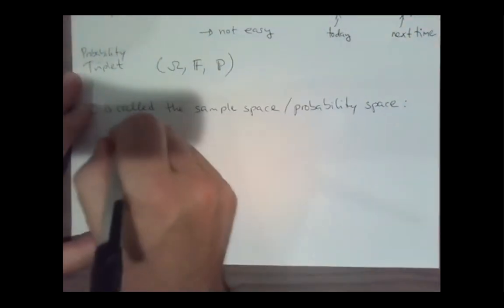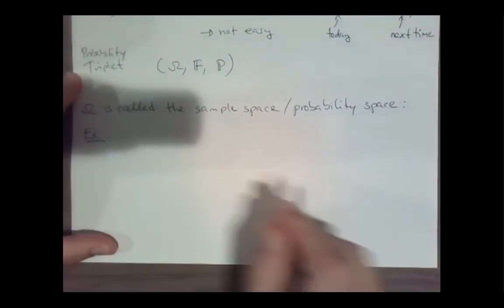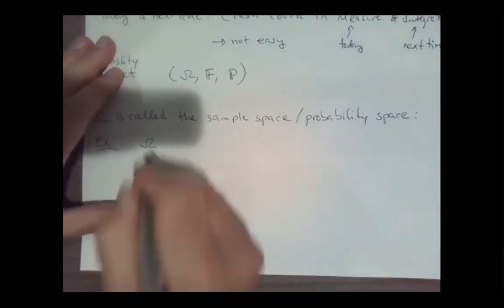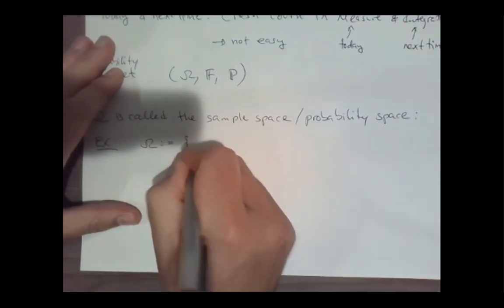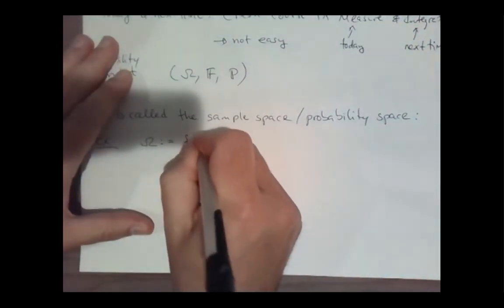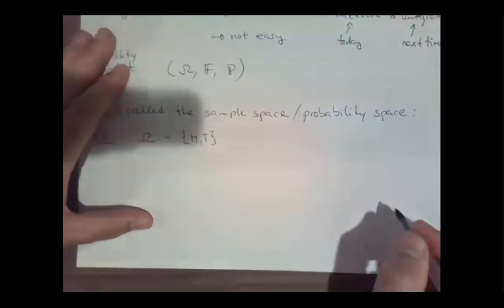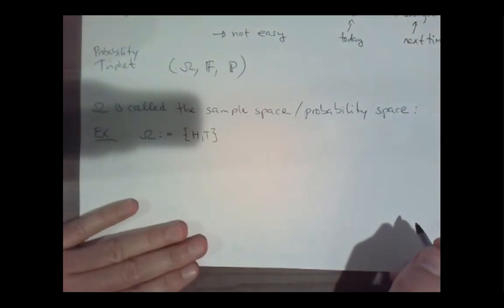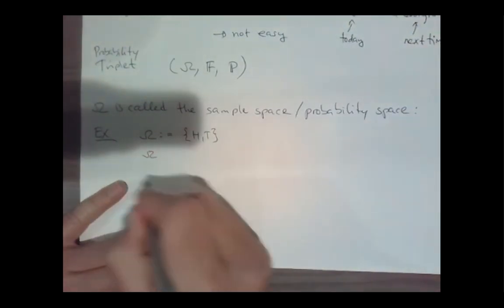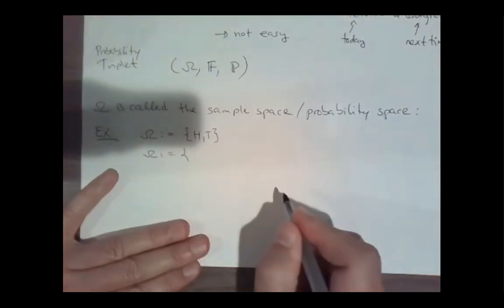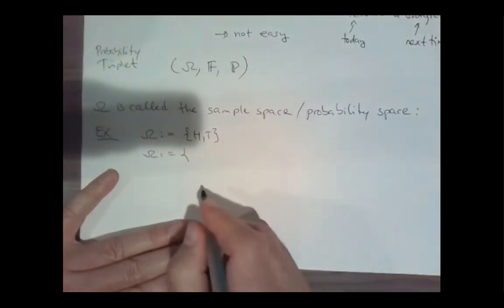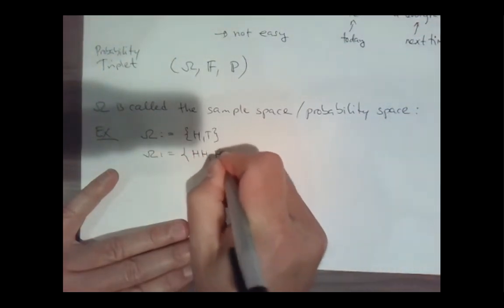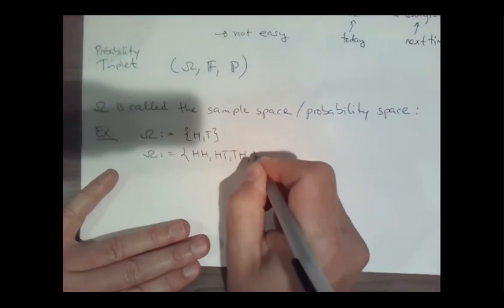So what are good examples of this? Well, the one we had in the one period model was omega could be heads and tails. We had the two period binomial models, and then you have heads heads, heads tails, tails heads, tails tails.